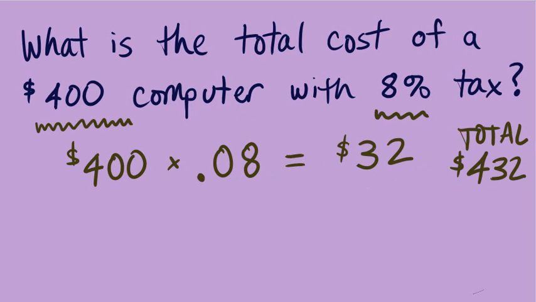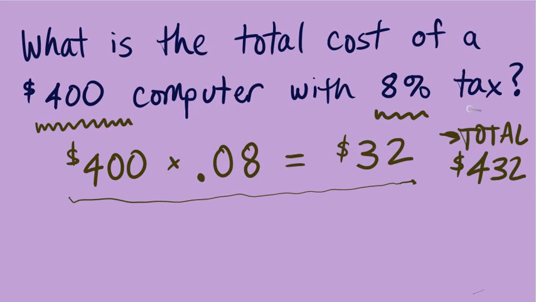Now we want to be able to address these percent problems, if possible, with just one multiplication. And if you noticed, we actually did two operations. Our multiplication only told us the 8%, and then we had to do another addition to get the total. So there is a way for us to accomplish this problem with just one multiplication.